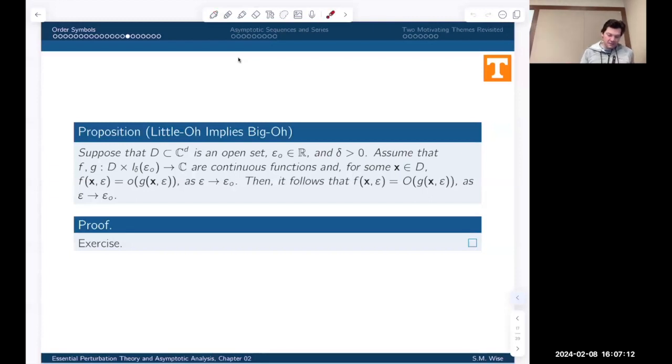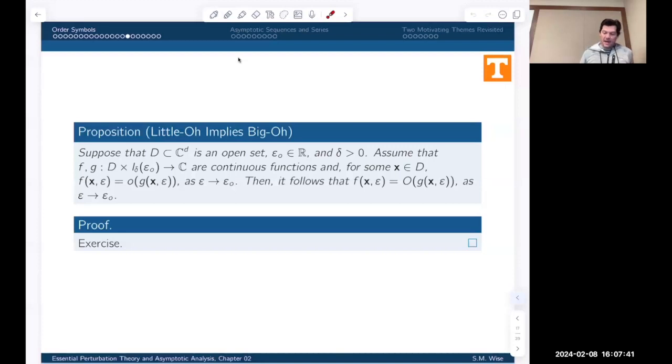Suppose that D is an open set in C^D, complex D-dimensional space, that is. Epsilon is a point in R. This is the thing to which epsilon is converging, epsilon naught. Delta is positive, and we assume that f and g are continuous functions from this Cartesian product set into the complex numbers.